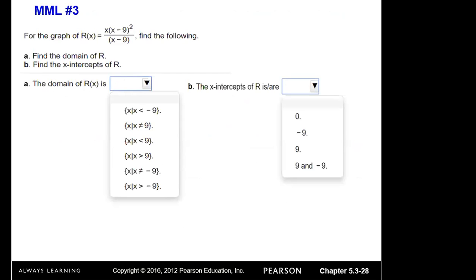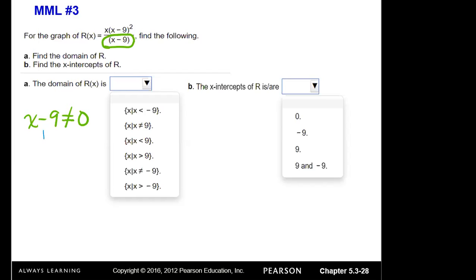Now this one just says 2 parts. It says for the graph of r of x equals blah, blah, blah, find the following. Well, find the domain. Remember, when you're dealing with the domain, it has to do with the denominator. All right, we're in rational functions here. So if there's an x in the denominator, remember that the denominator is not allowed to equal 0.